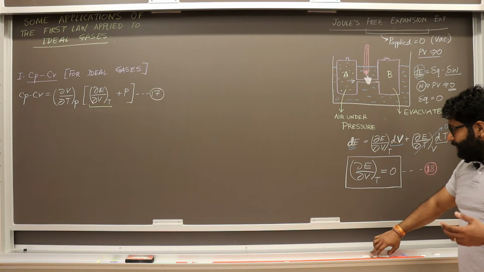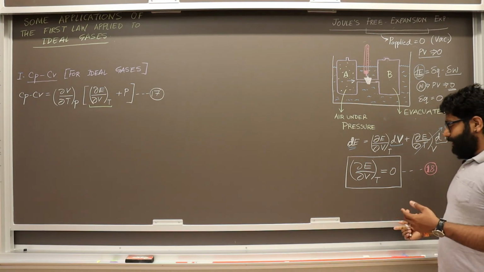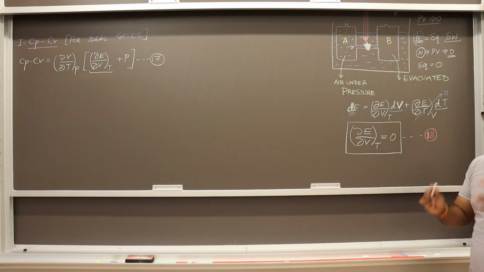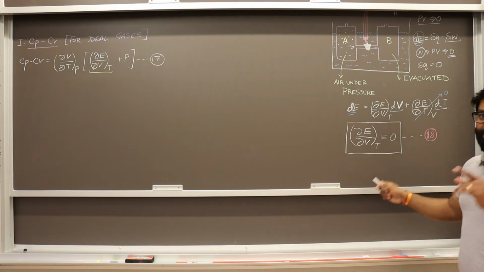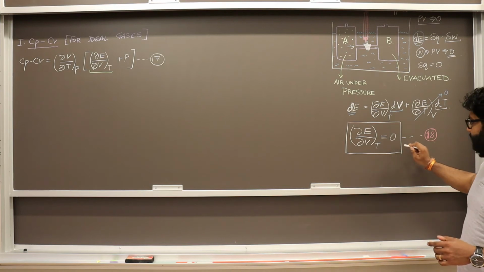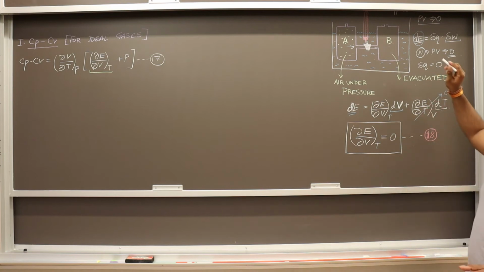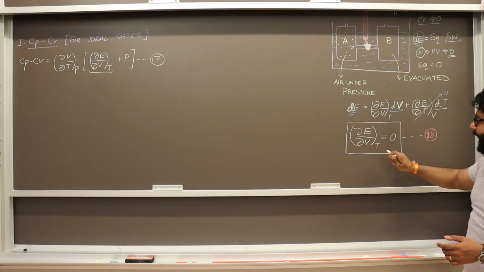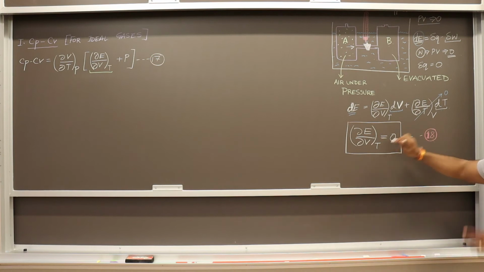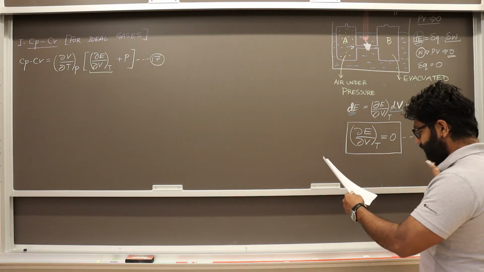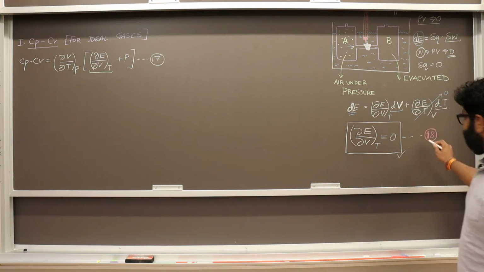Now, from our perspective, from now on, whenever we say that a gas is ideal, we are referring to the property of that gas represented by this equation. So whenever there is an ideal gas, when we have a free expansion of that gas, this equation should hold true. Okay? Only then that gas can be called an ideal gas. All right, so this is equation 18.